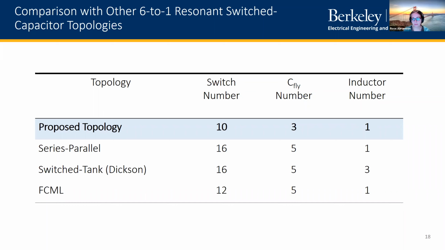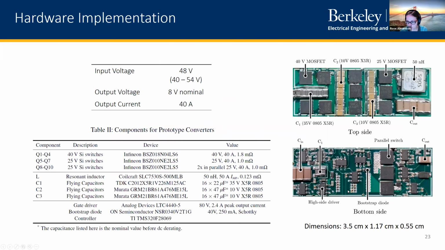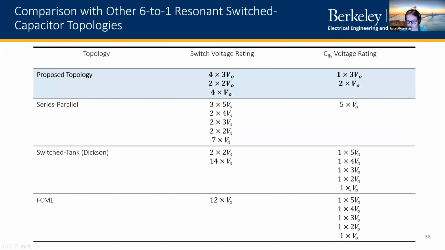So, and actually, I can show you a comparison of this. So this is a comparison of the switch and capacitor voltage ratings between all of the topologies. So you can see that compared to some other topologies, this one doesn't have the lowest switch voltage ratings, but it also doesn't have the highest.